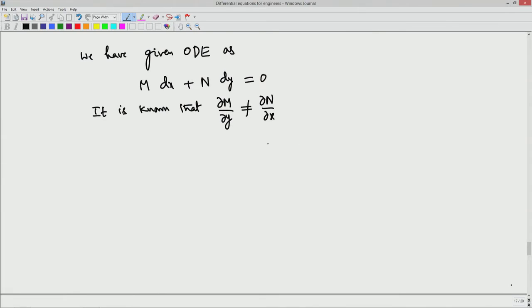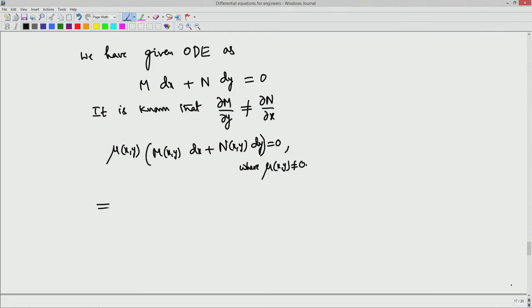The concept is that you multiply some function to the equation M(x,y) dx + N(x,y) dy = 0. On the left hand side you multiply some function mu(x,y), which is non-zero, and the right hand side is 0, so it stays 0. What function can I multiply so that this equation becomes an exact equation?